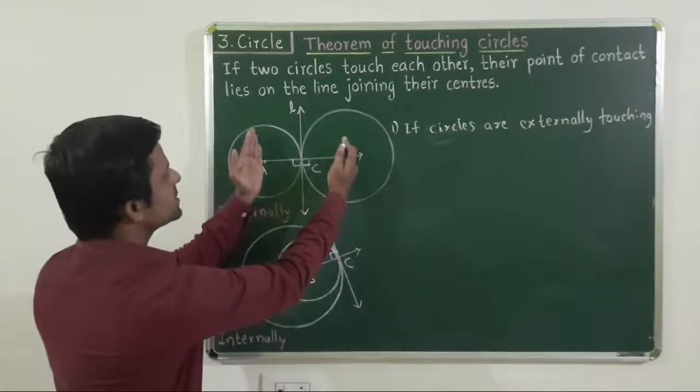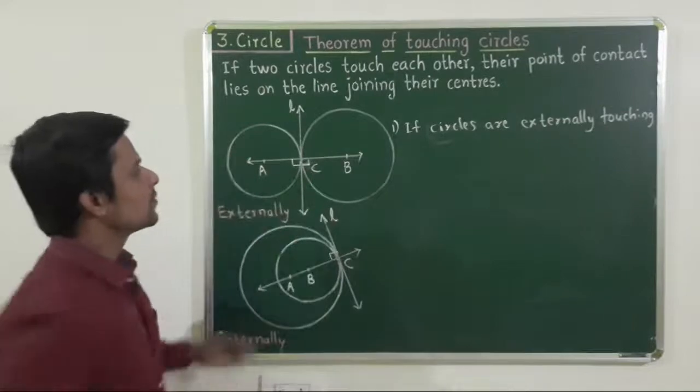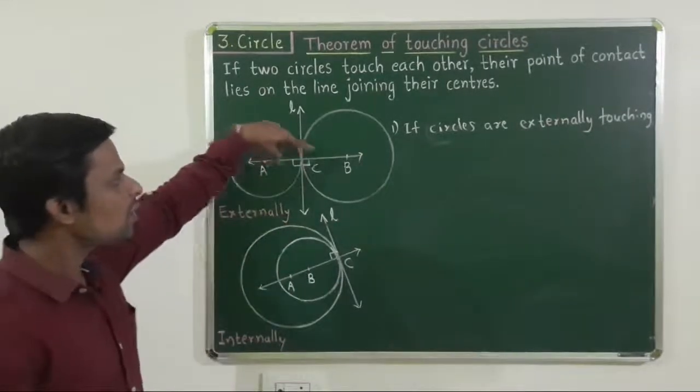The distance between their centers means distance AB. What is this distance? Is it the sum of their radii?